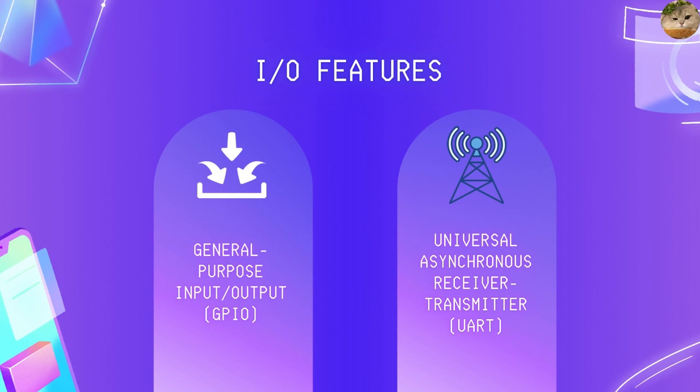For instance, these GPIO pins can be connected to sensors to receive analog signals representing water parameters such as temperature and pH levels.